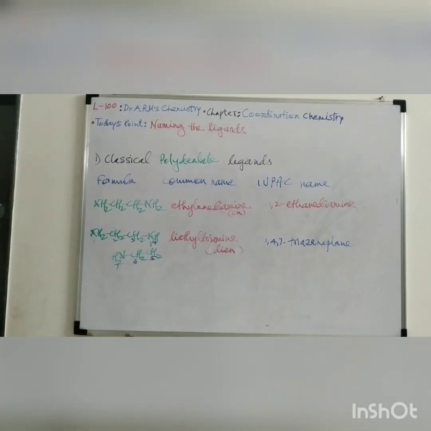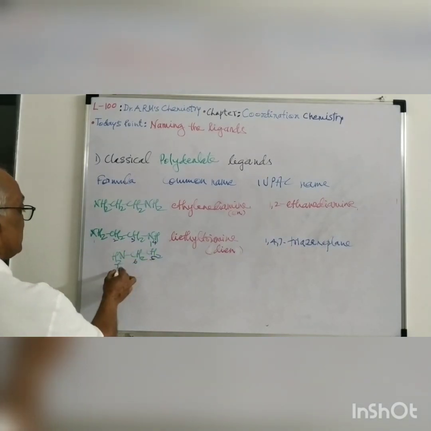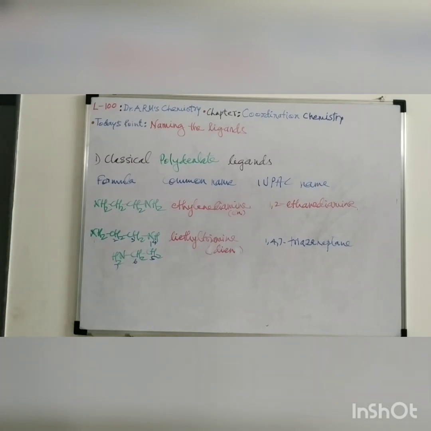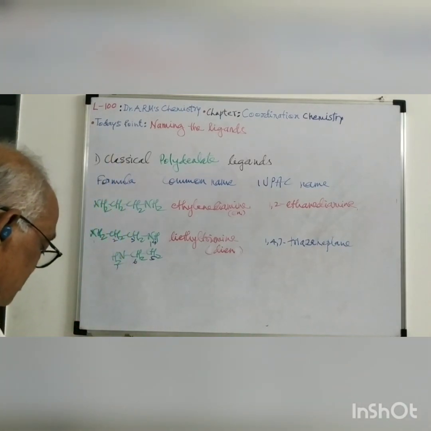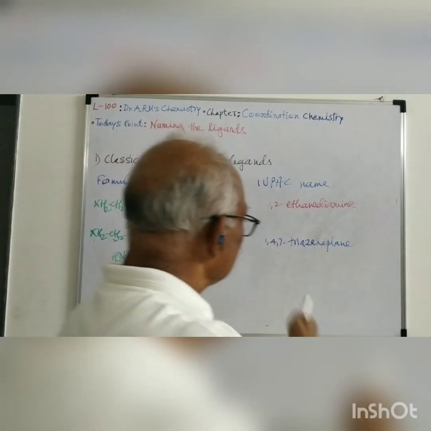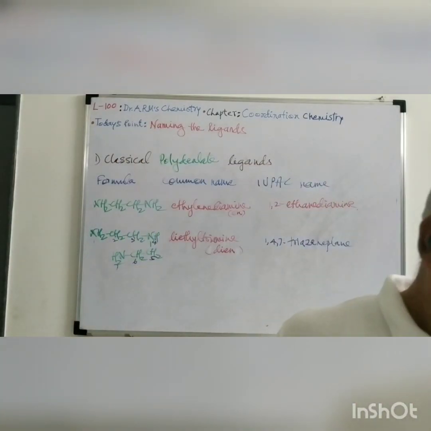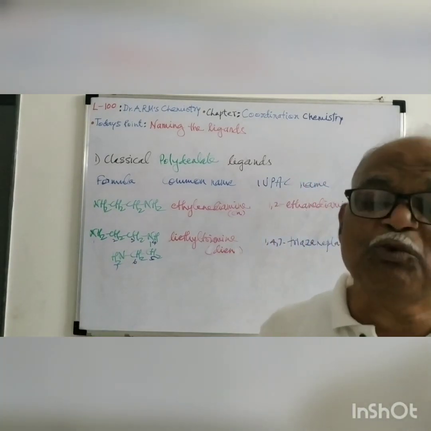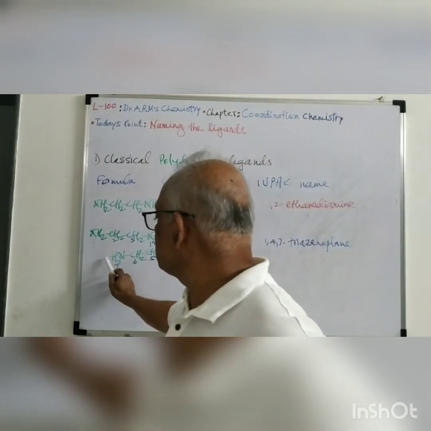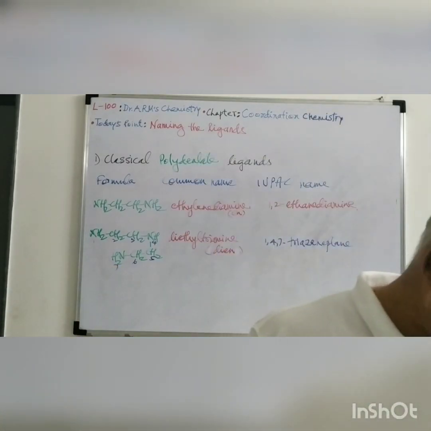So we can name in this way. The 1, 4, 7 positions are occupied by these NH or NH2 groups, meaning nitrogen donor atoms are there. In this way we can have other such tetradentate ligands. We can continue in this way and have one more NH2 by attaching CH2 CH2 NH2 like this. So we can get a tetradentate ligand.